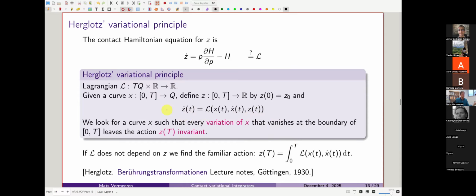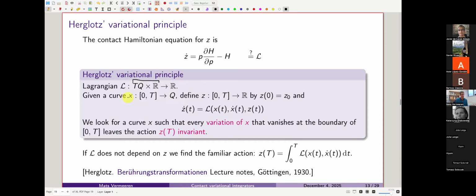So the variational principle, to put it a bit more precise, is that for any curve X into our contact manifold, or, I'm being slightly inconsistent in the notation here, TQ cross R here is the contact manifold. So in a sense, Q is just the configuration space, just the space of X's, not P's.